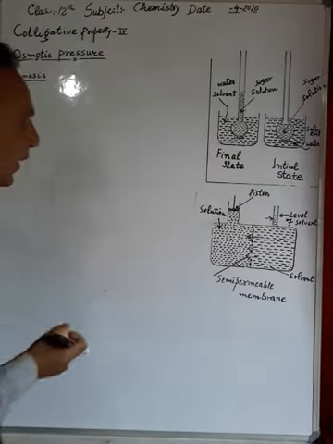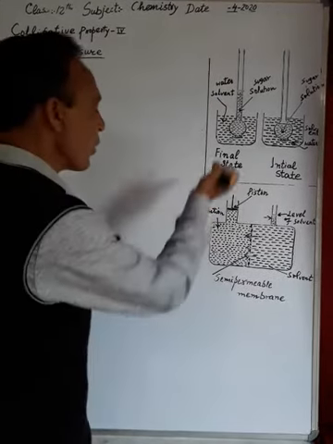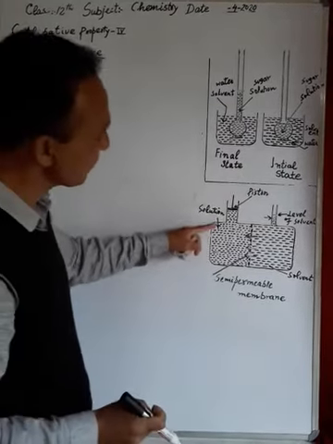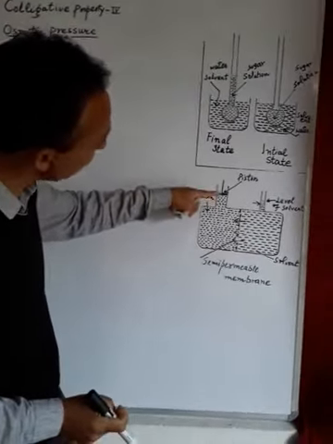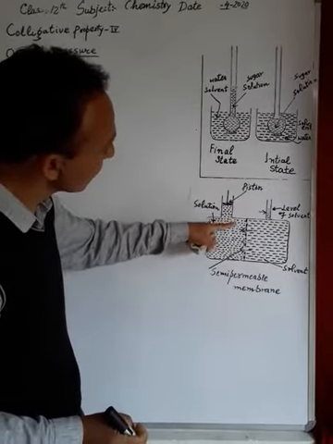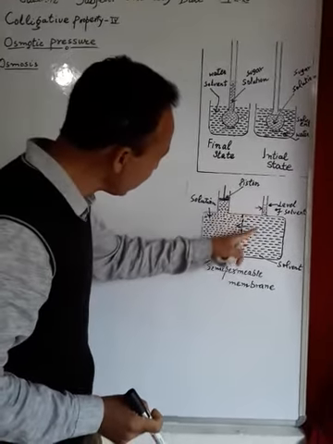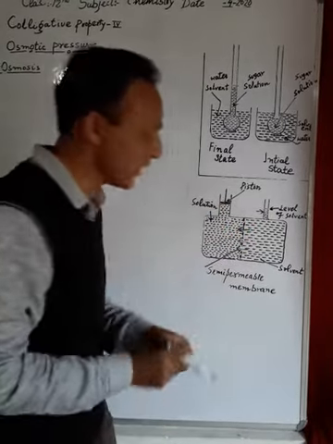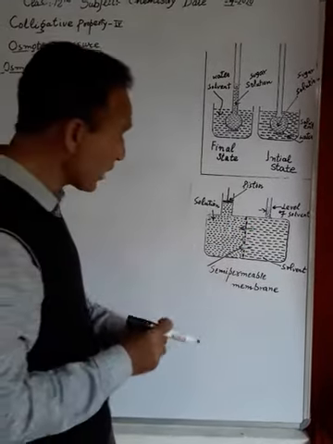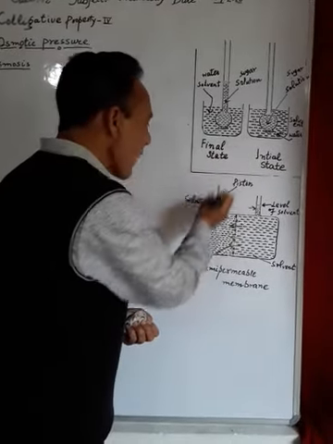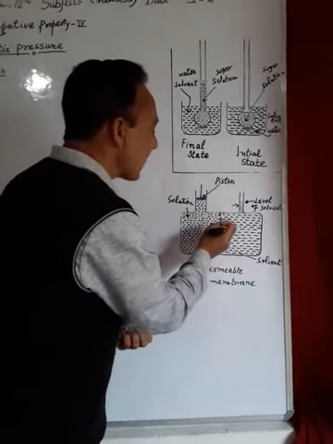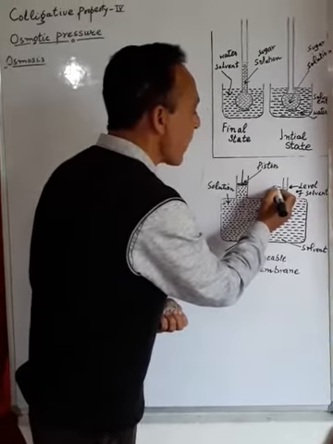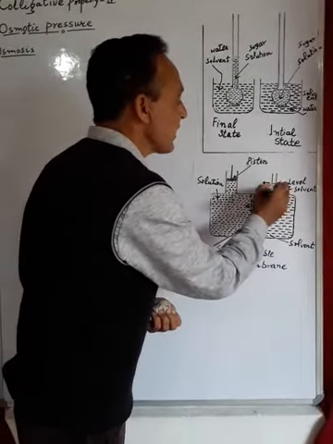Now, what we will do is apply pressure on the piston so that the entry of the solvent into the solution is prevented. How can we observe that? By applying the pressure, we will see whether the level of the solvent remains as it was in the earlier case.